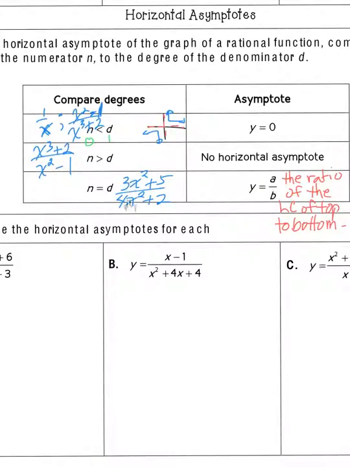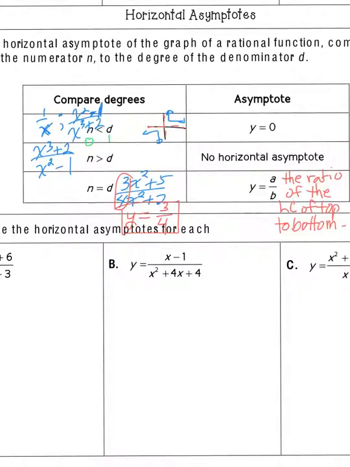All you do is look at the leading terms and their coefficients. This is A and this is B. So my horizontal asymptote is going to be y equals 3 over 4, because I'm just looking at those right there. If you don't believe me, graph it and look for yourself.